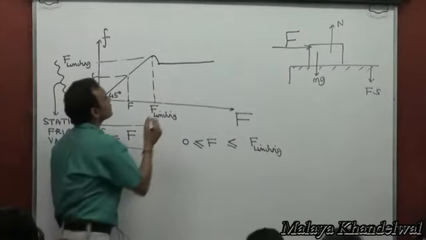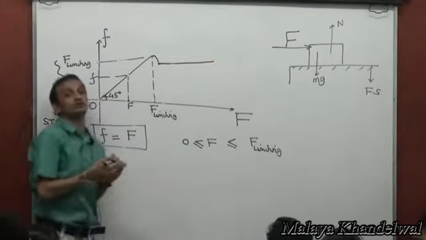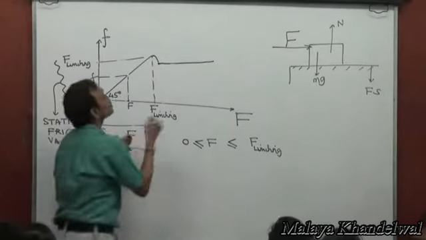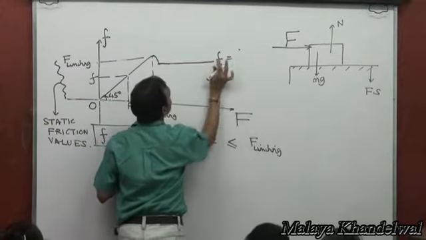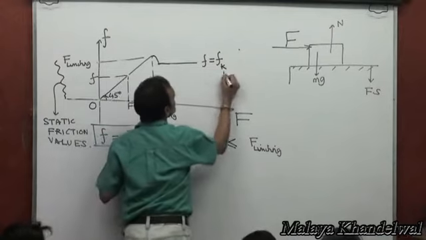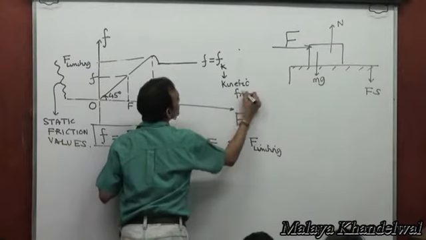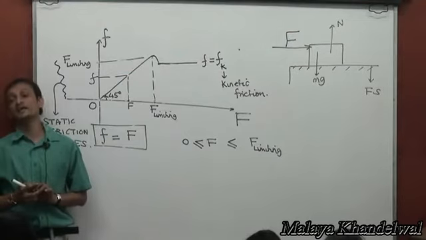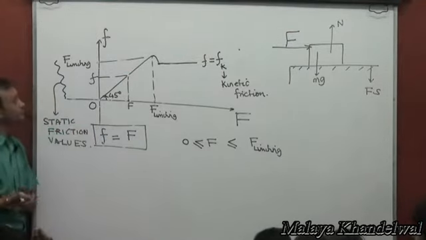This constant value of the friction force that occurs between two bodies between which there is relative motion is called kinetic friction. This is F equal to Fk, which is kinetic friction. Frictional force between a body and a surface when there exists relative motion between the two, that's kinetic friction.